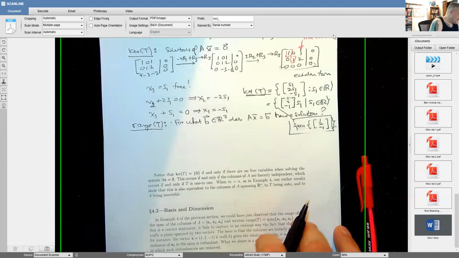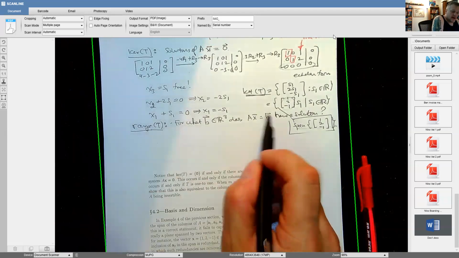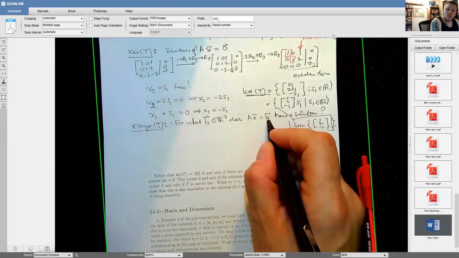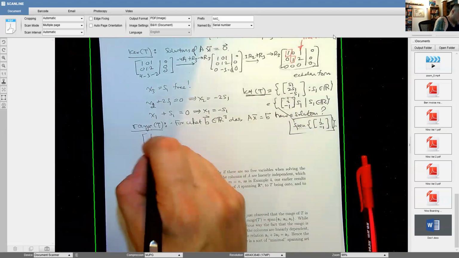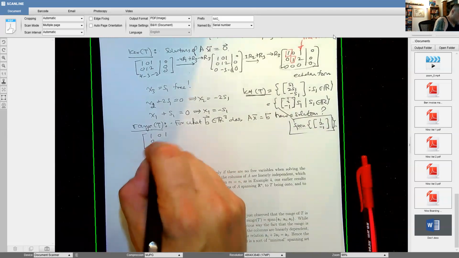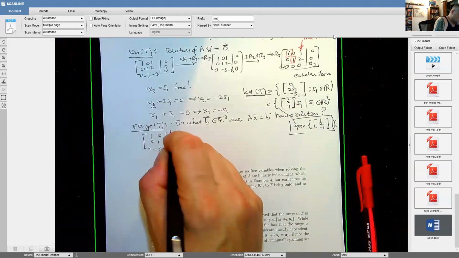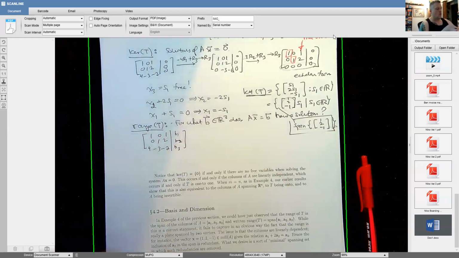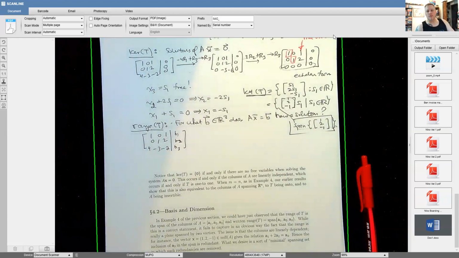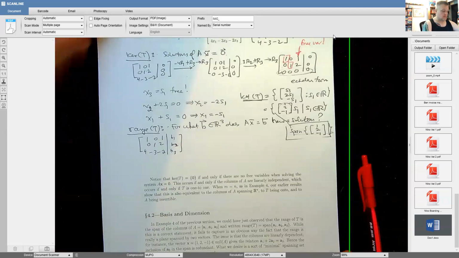All right, for the range, we do the same sort of thing. We want to put a B on the right side, so we'll call that B1, B2, B3 as usual. We'll use the same A on the left, so 1, 0, 1, 0, 1, 2, 4, -3, -2, bar B1, B2, and B3. And we want to find if there are any conditions on these components of B that have to be satisfied in order for there to be a solution of this system.